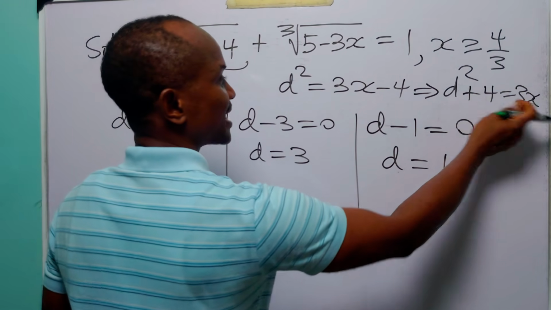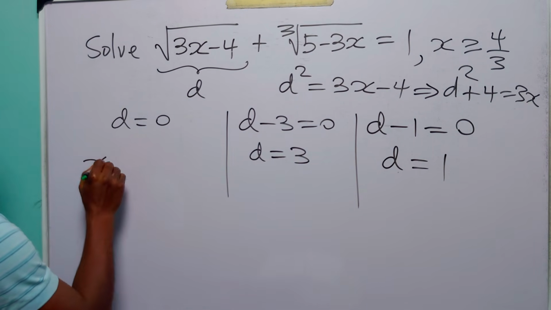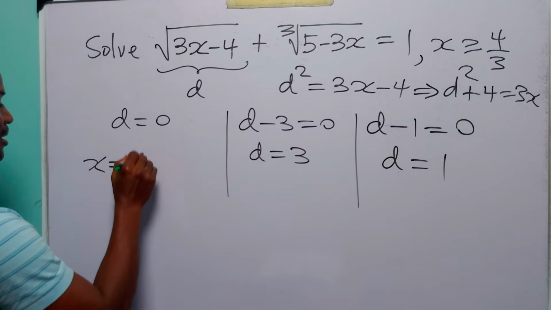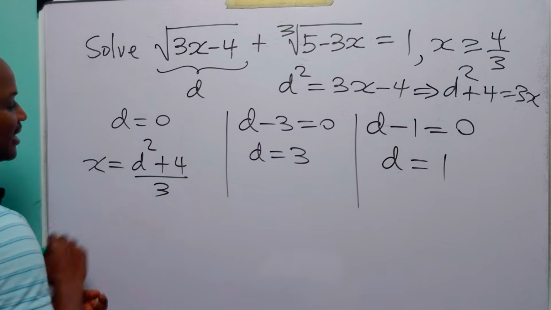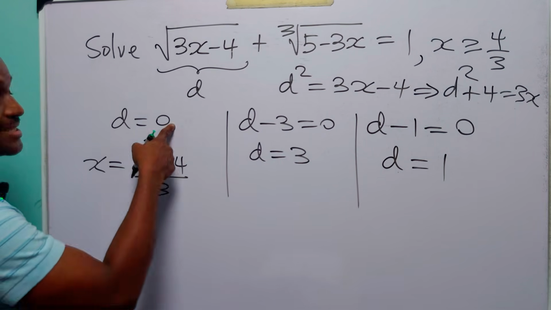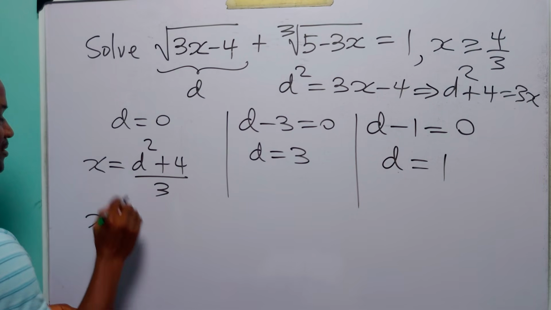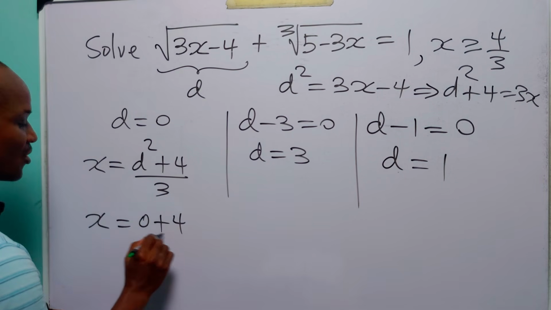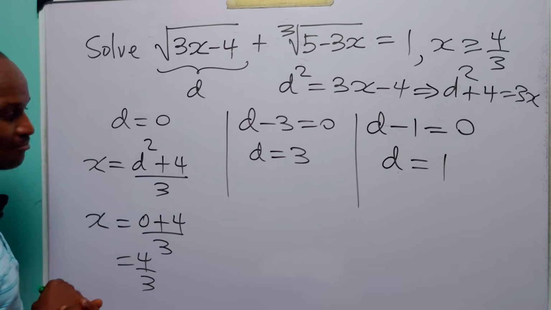And dividing both sides of this equation by 3, we have that x is equal to d squared plus 4 over 3. Now, when d is equal to 0, then we have that x is equal to 0 plus 4 over 3, which is 4 over 3.